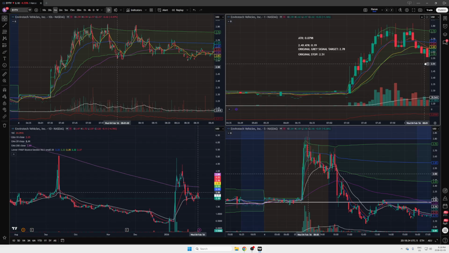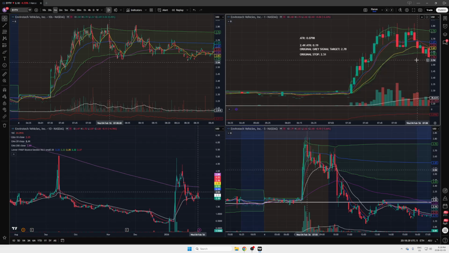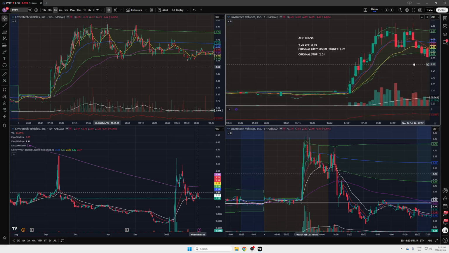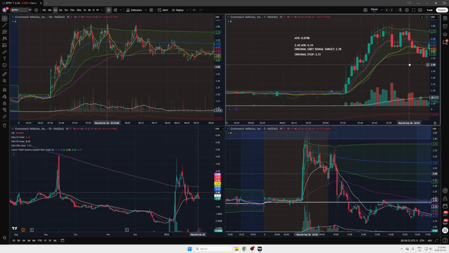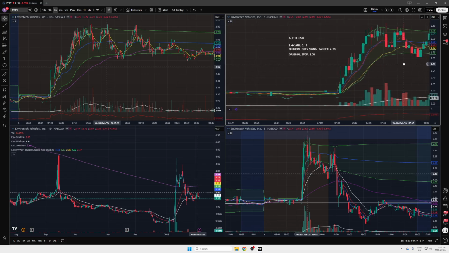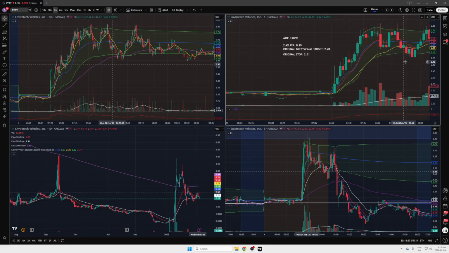In the meantime, while I'm waiting for the entry, while this green candle is forming, or actually, basically starting halfway through the red candle, if I see that it's forming to be red, I'll start calculating my profit target and my stop loss for the red bar setup.